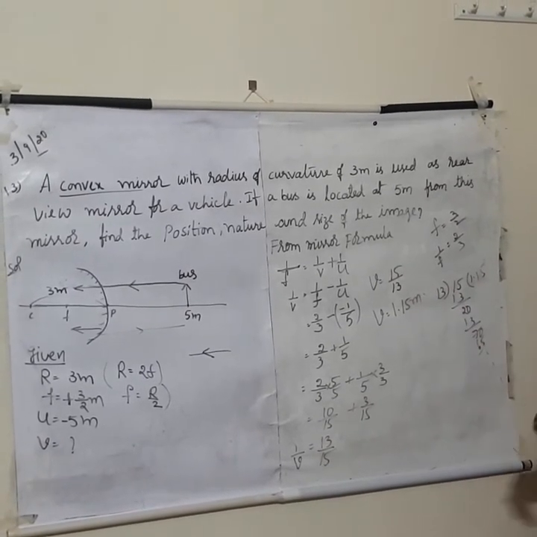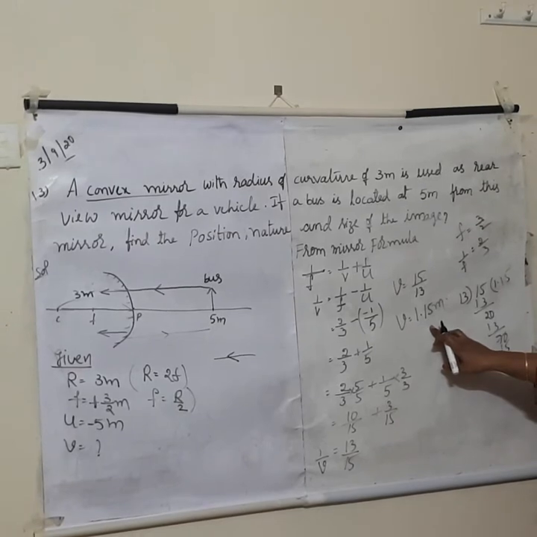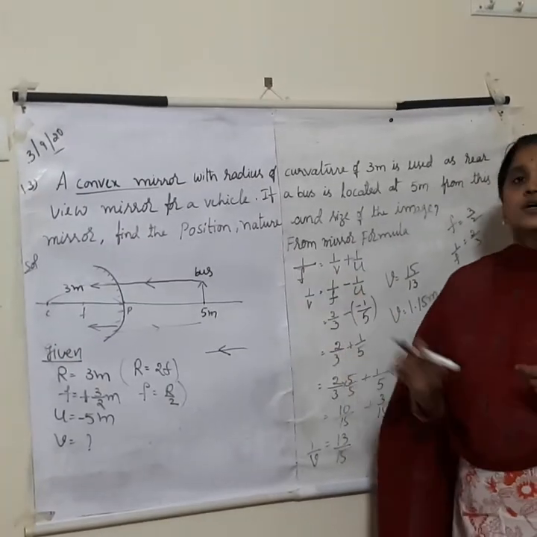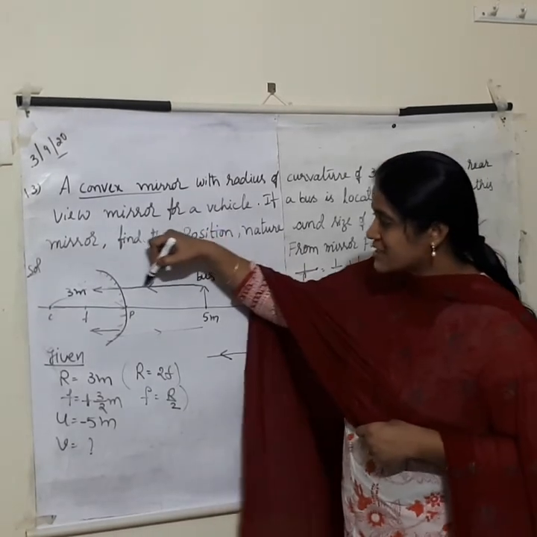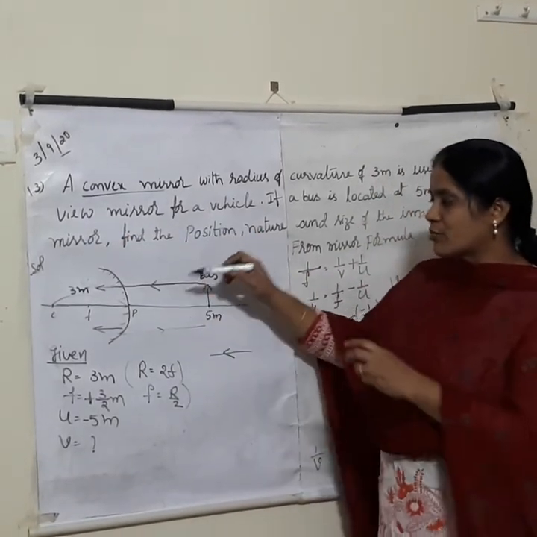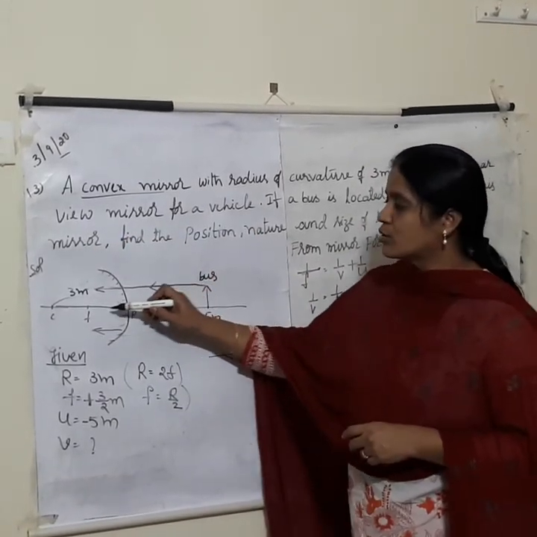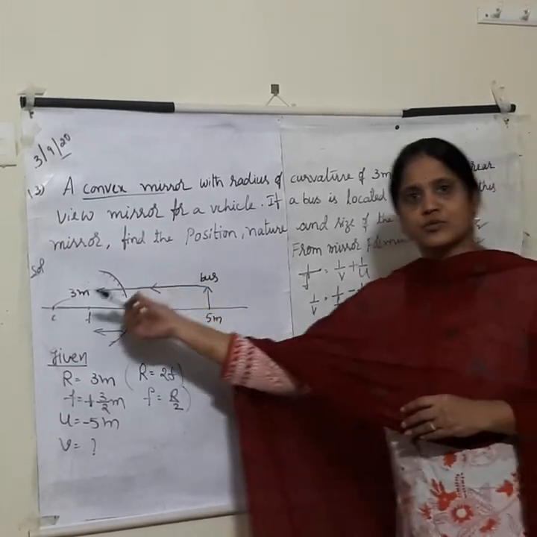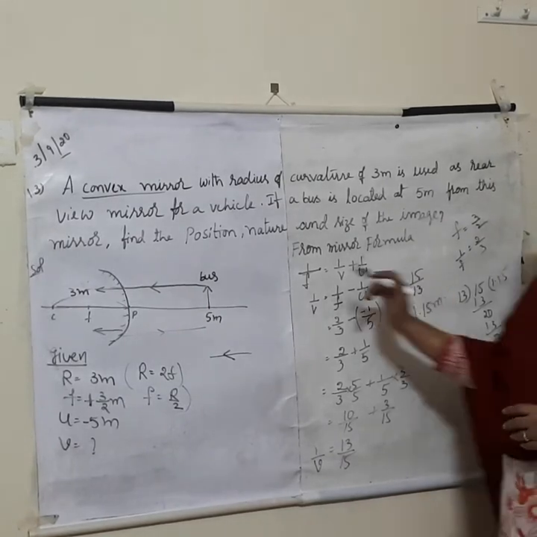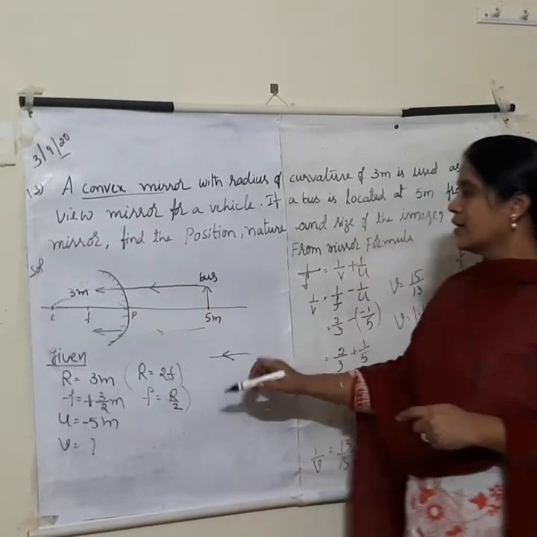So you got the image distance. Image is positive. When you get a positive image distance for a convex mirror, it is because the incident ray direction and the direction in which you measure the distance from the pole to the focus are both the same. Then you will get a positive. So positive means somewhere here you will get it.